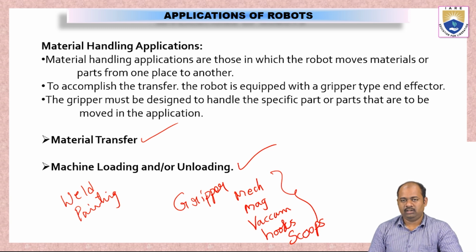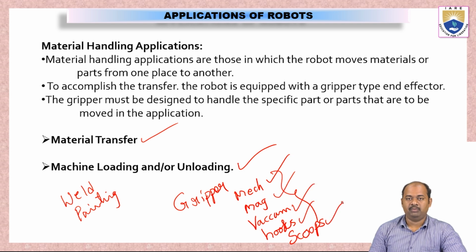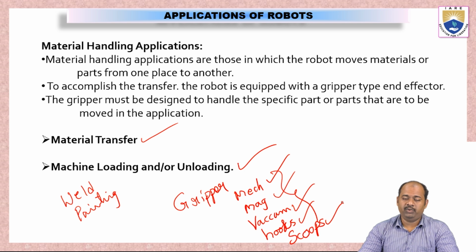So using these grippers, we can manipulate the object. We can actually carry the object. Each and every gripper has a particular purpose and application, depending on the object which we have to lift or move. We should use a different kind of gripper, like mechanical, magnetic, vacuum, etc. Each type of gripper will have a different load carrying capacity.